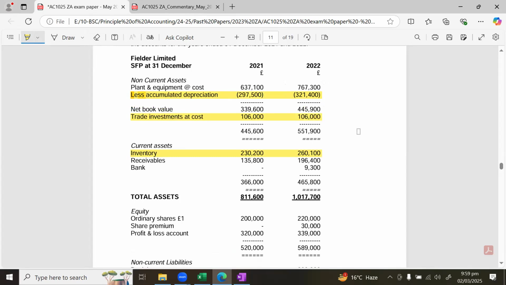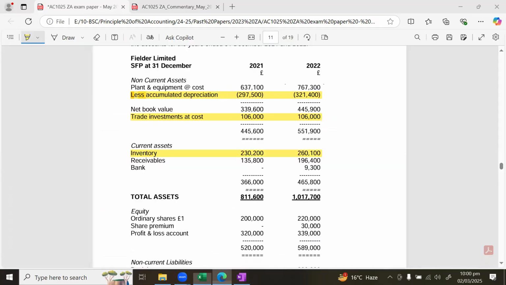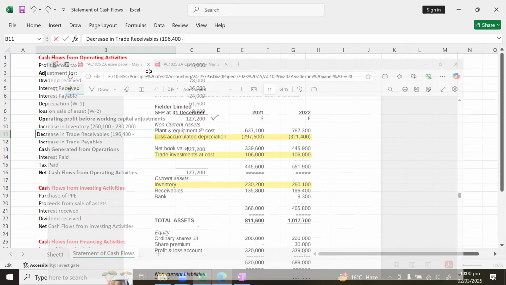Receivables: this year 196,400 minus last year 135,800.